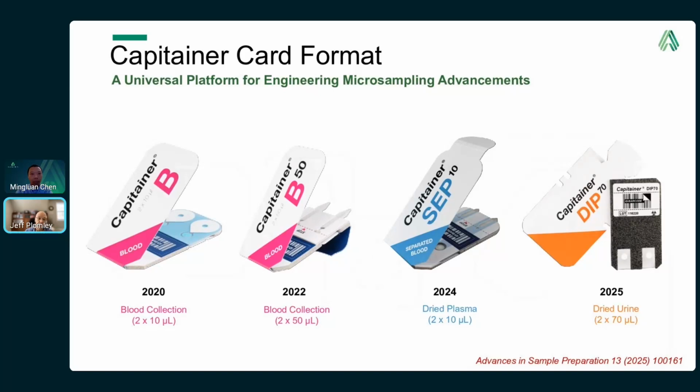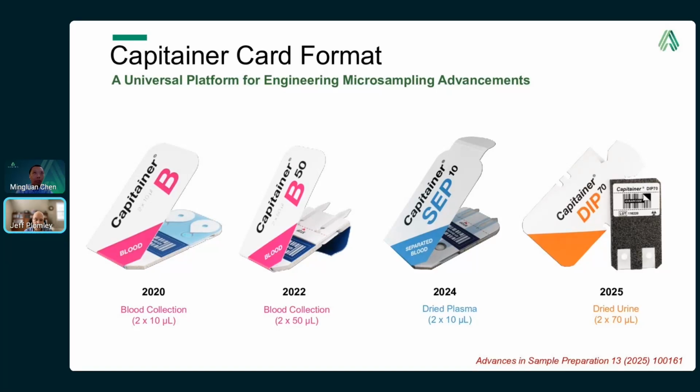And finally, a card dedicated to dried urine significantly simplifies remote collection for this matrix. And I'll just mention that there's a terrific article recently published in Advances in Sample Preparation that nicely details applications from this suite of cards, including the B-Vanadate card, which I haven't put up here. Since it's very application specific, it's really for phosphatidyl ethanol, PEth.